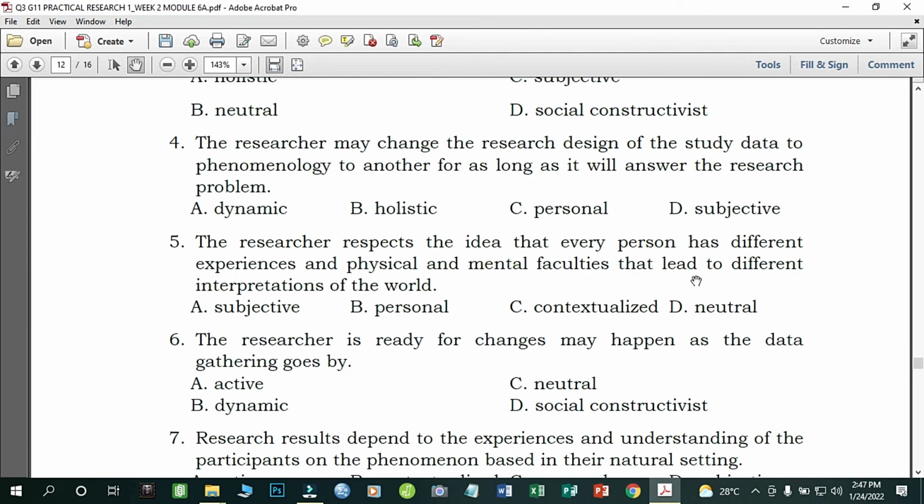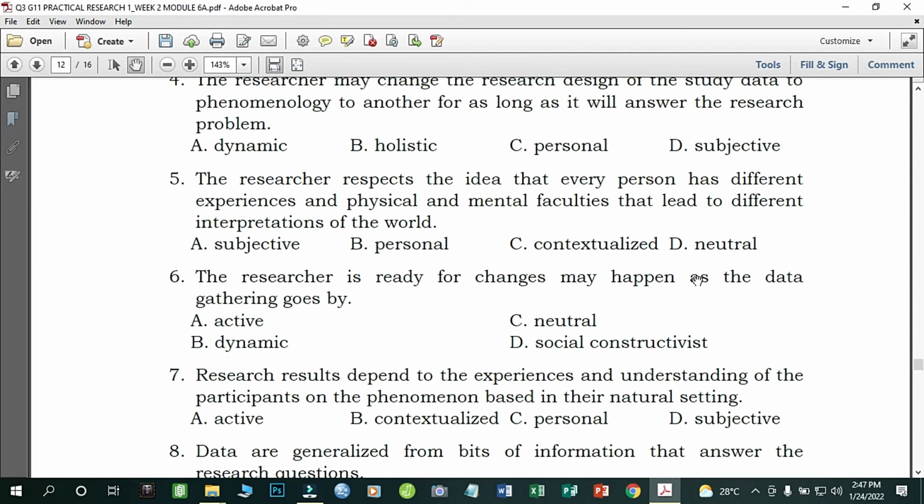Number 4, the researcher may change the research design of the study from phenomenology to other designs for as long as it will answer the research problem. A, dynamic; B, holistic; C, personal; D, subjective. Okay, the correct answer is letter A, dynamic.